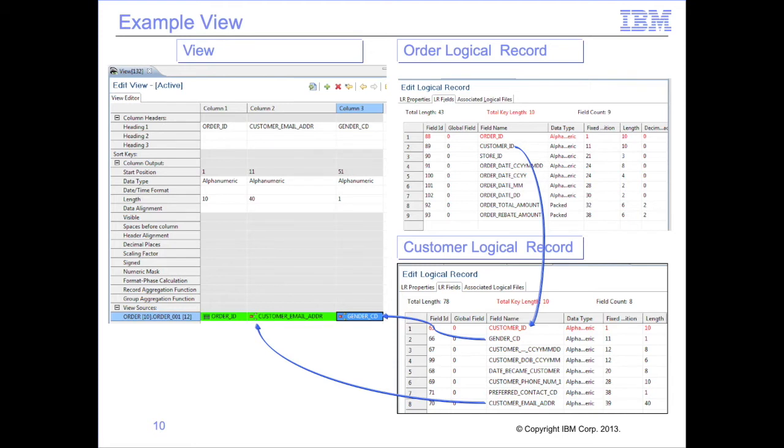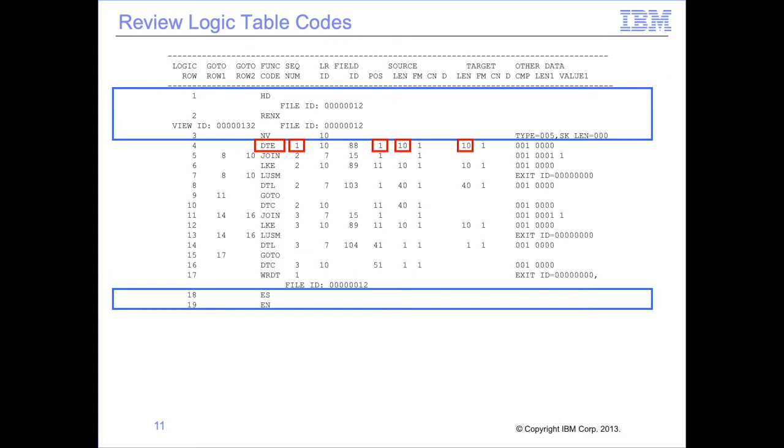In the remainder of this module, we'll focus exclusively on the extract logic table, the XLT, for this view. The XLT contains the standard HD header, RENX read next, NV new view functions, as well as the concluding ES end of source and EN end of logic table functions.